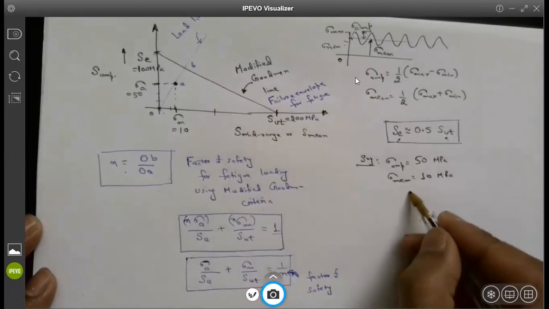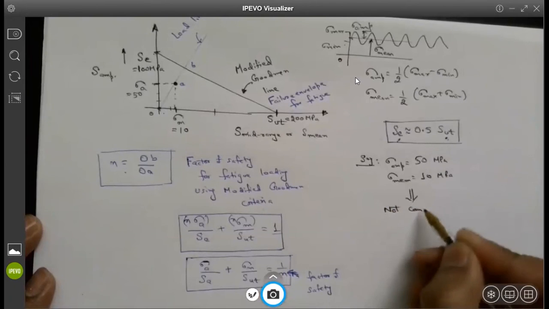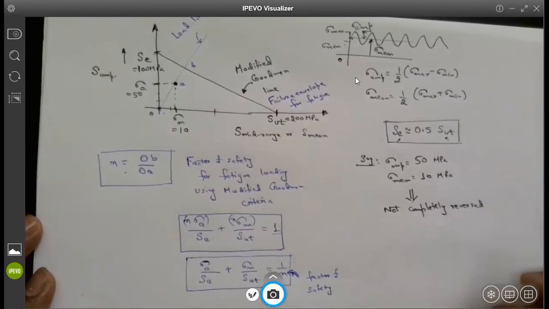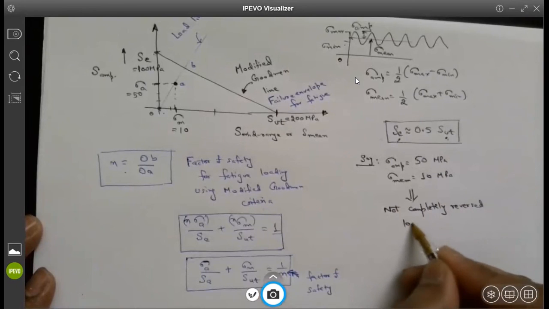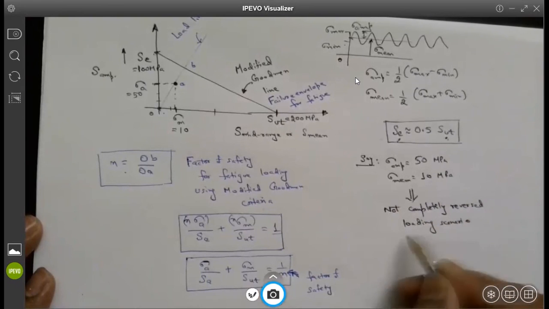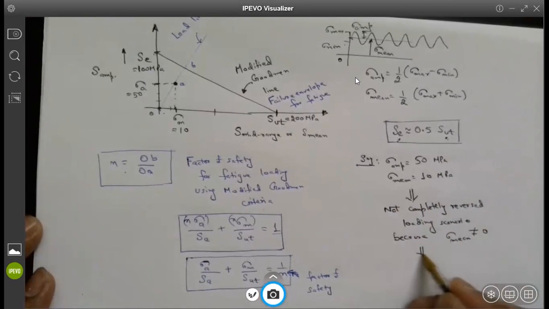So this is not a completely reversed loading scenario, because sigma mean is not equal to 0. So in this situation, how do we calculate the number of cycles to failure?